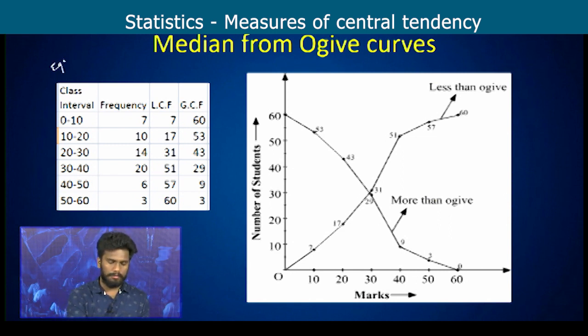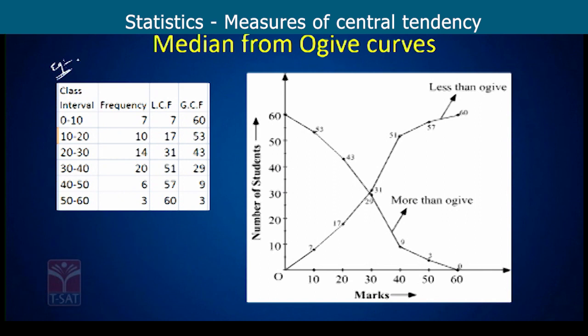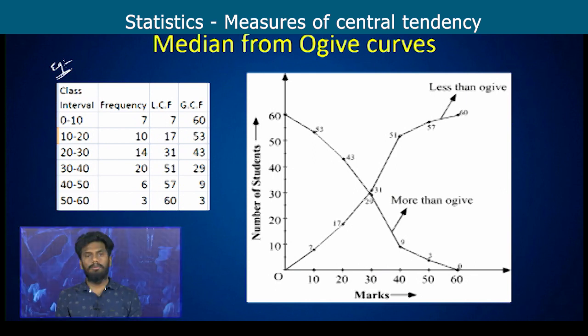There are class intervals 0 to 10, 10 to 20, like this, up to 50 to 60. The respective frequencies are 7, 10, 14, 14, 20, 6 and 3. You have to find the less than cumulative frequency and greater than cumulative frequency, which I have already found here: 7, 17, 31, 51, 57, 60, and the greater than cumulative frequency 60, 53, 43, 29, 9 and 3.